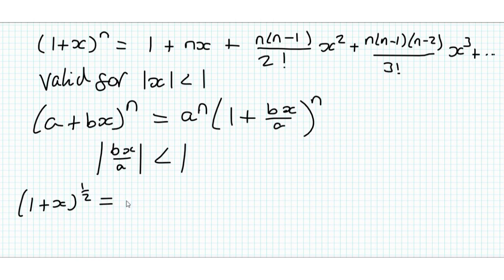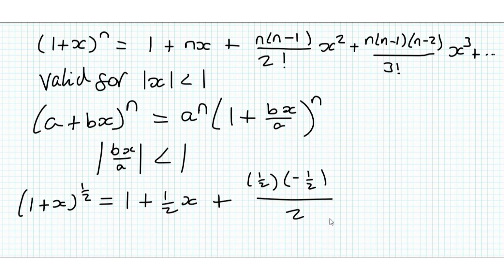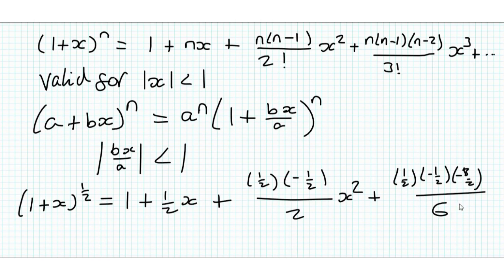Well, that's equal to 1 plus 1/2 x plus, and then we get 1/2 multiplied by minus 1/2 over 2 x squared plus 1/2 times minus 1/2 times minus 3 over 2 over 6 x cubed, and so on. And you would simplify these expressions, but I'm not going to for now.